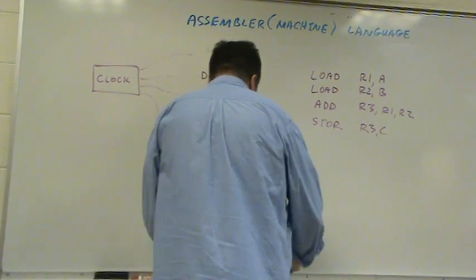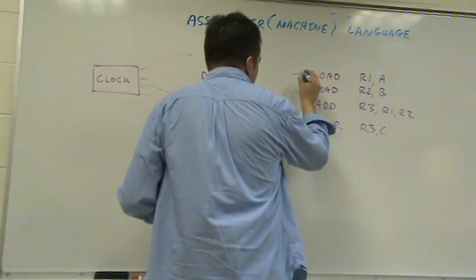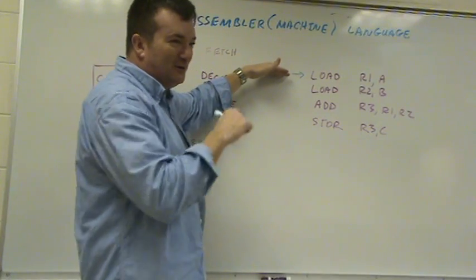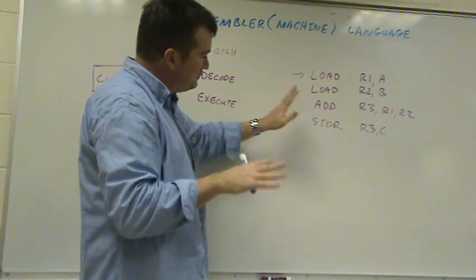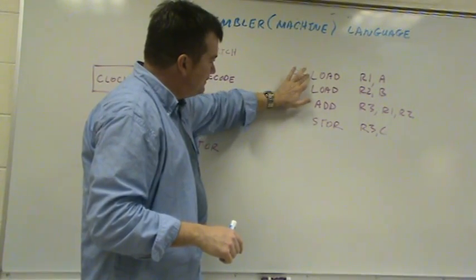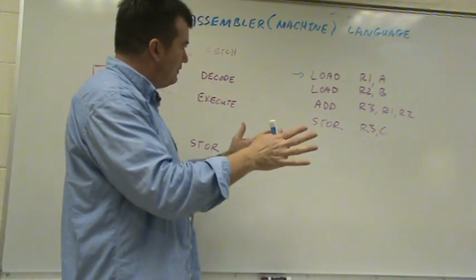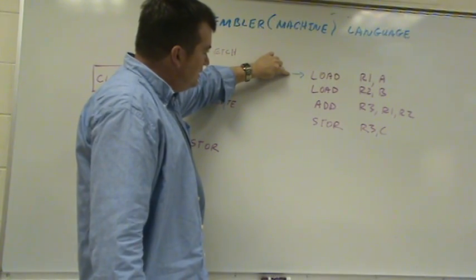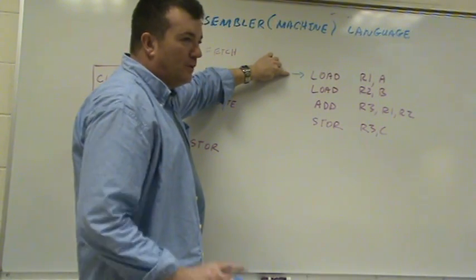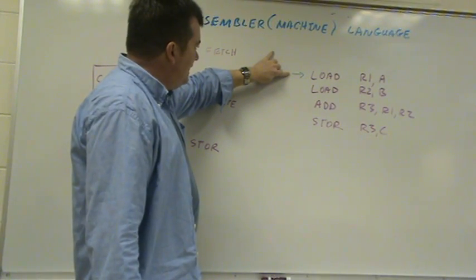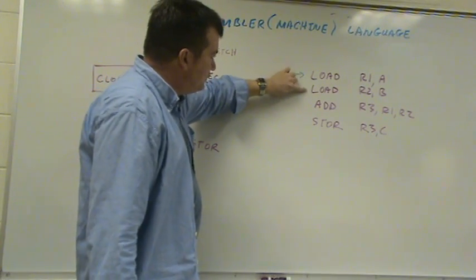Our program counter is pointing to, remember, it's actually pointing to machine code, the zeros and ones. I'm just writing this out so we can see it. But these sets of zeros and ones are in our memory. One of our registers is pointing to this instruction. Now that this instruction has finished, we have to execute the next instruction.